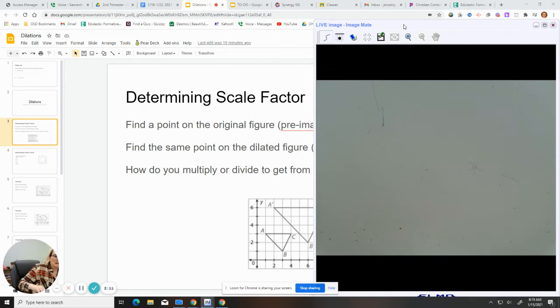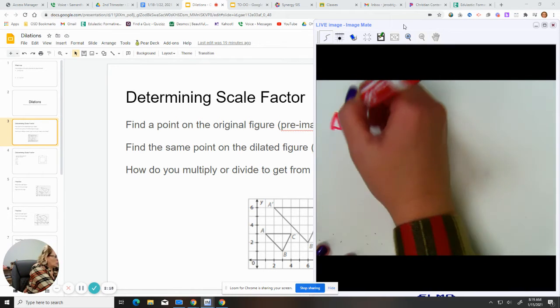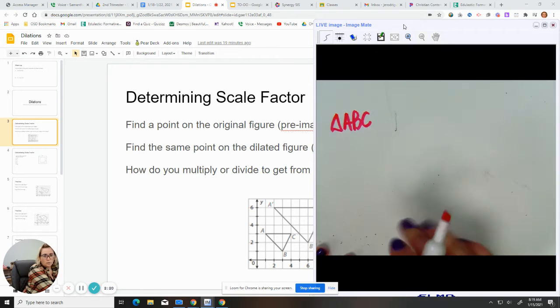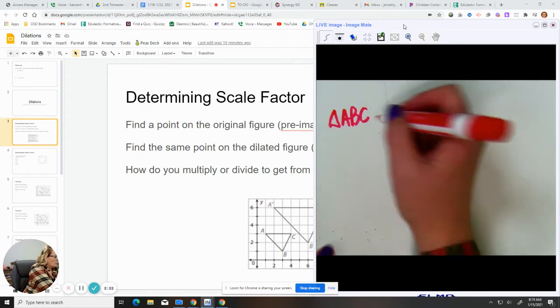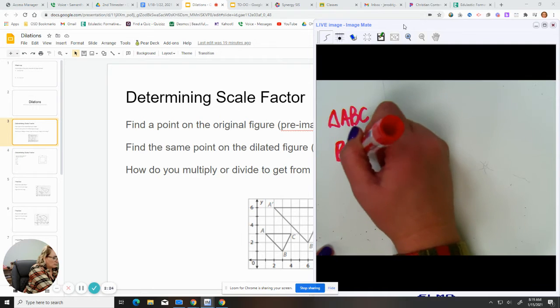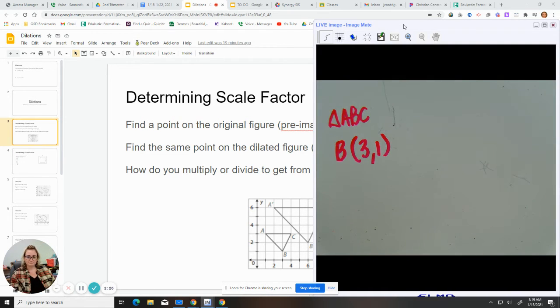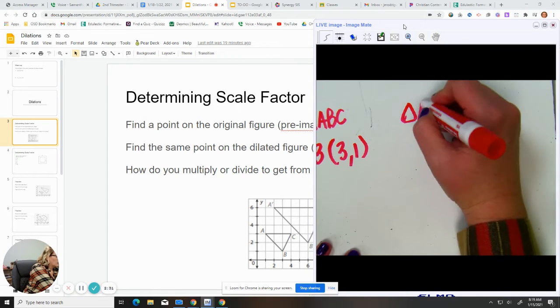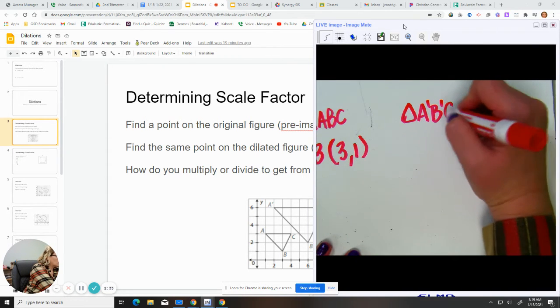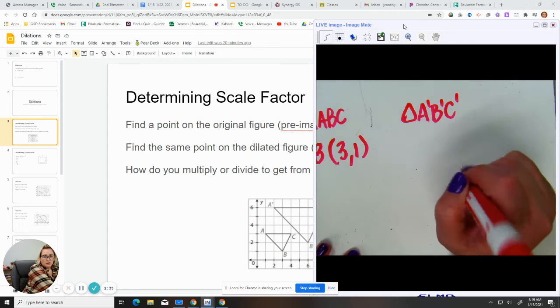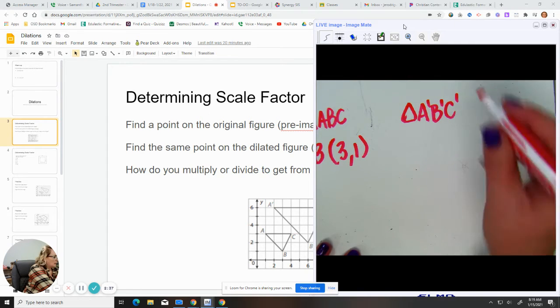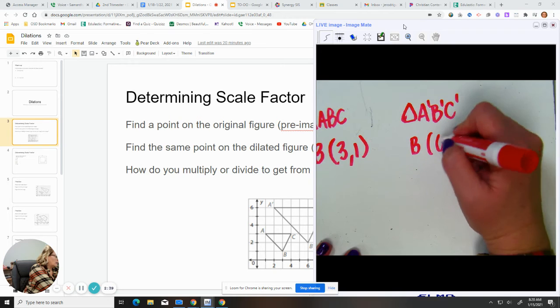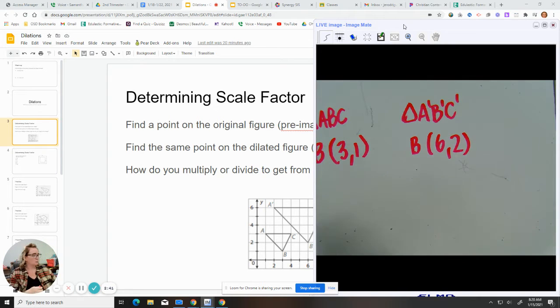Okay, so point B in our original triangle, so in triangle ABC, which is our original or our pre-image, point B is the point 3, 1. And then in our dilated figure, A prime, B prime, C prime, point B is the point 6, 2.